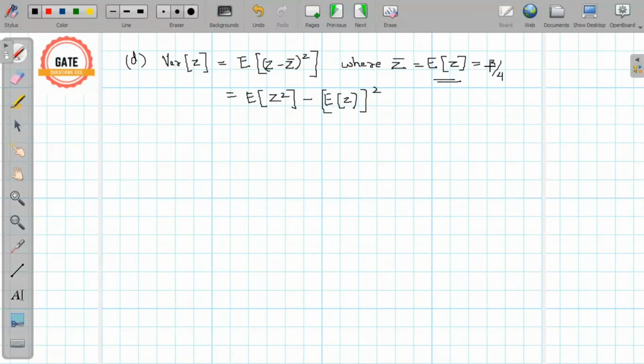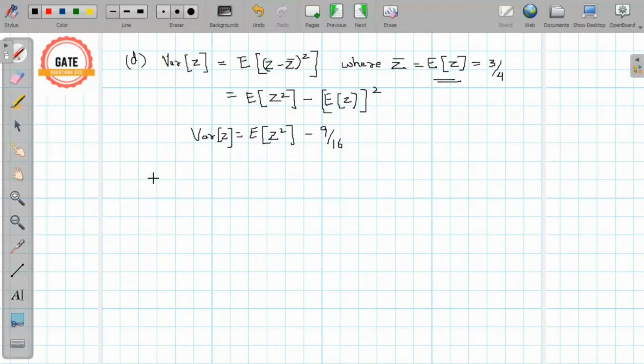So putting this value here, variance will be equal to expectation of Z square minus 3 by 4 square, which will be 9 by 16. So now to calculate the variance of z, all we need to calculate is expectation of z square.